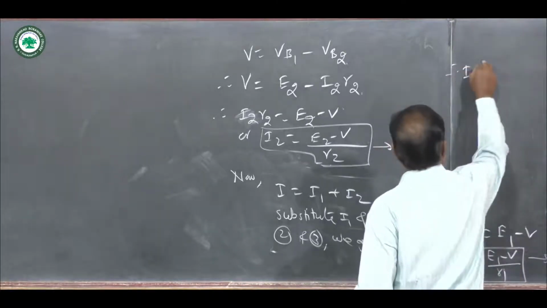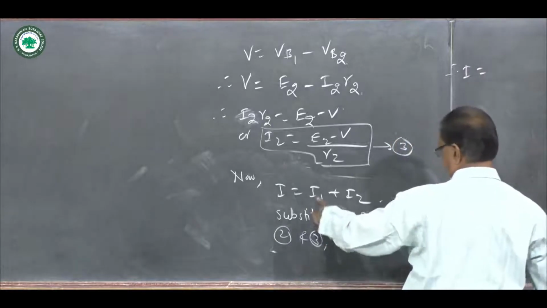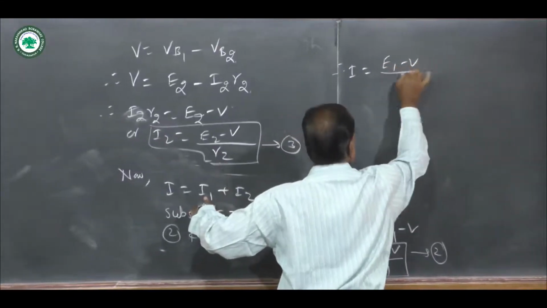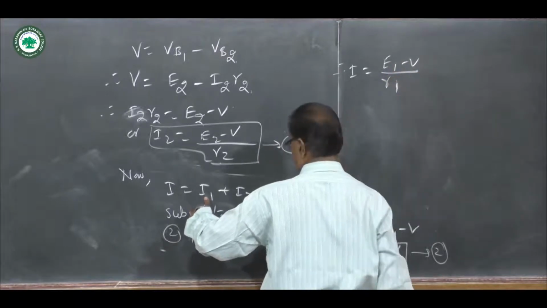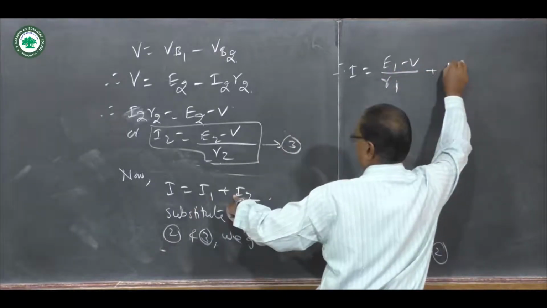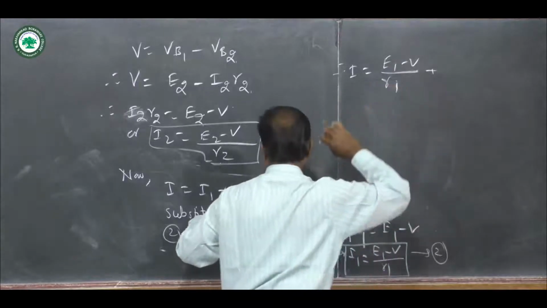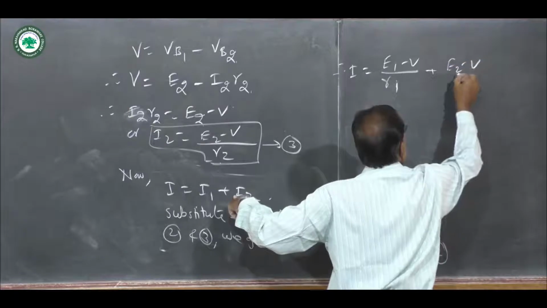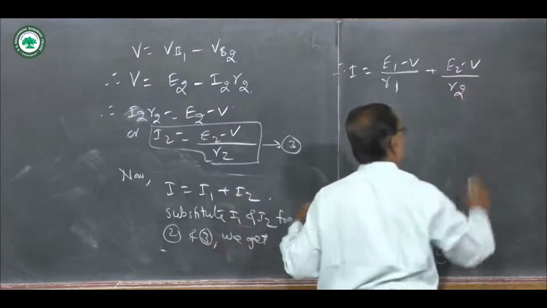I is equal to E1 minus V upon R1 plus E2 minus V upon R2.